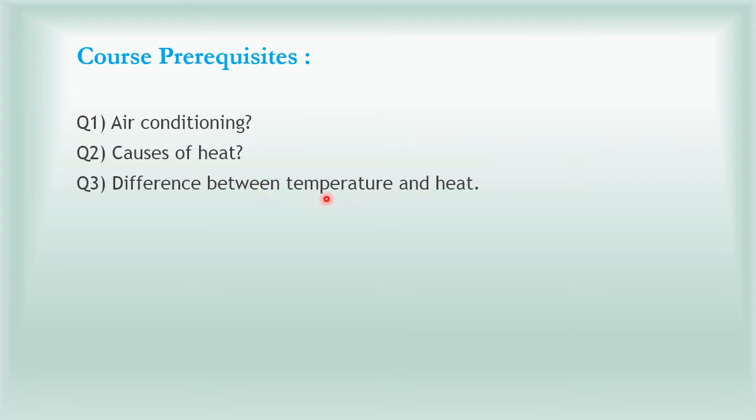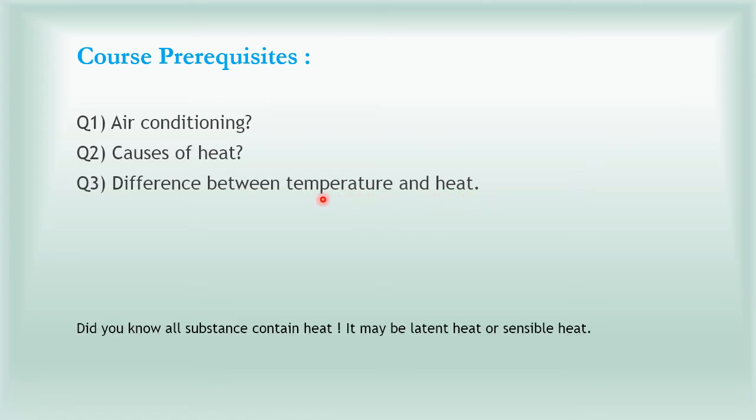Another difference is that heat causes a rise in temperature. Try to understand this sentence: the heat raises the temperature. Do you know that every substance contains some amount of heat? It may be latent or it may be sensible heat. The word latent means gupt in Hindi. Sensible means you can touch or feel it with your hands or your skin.